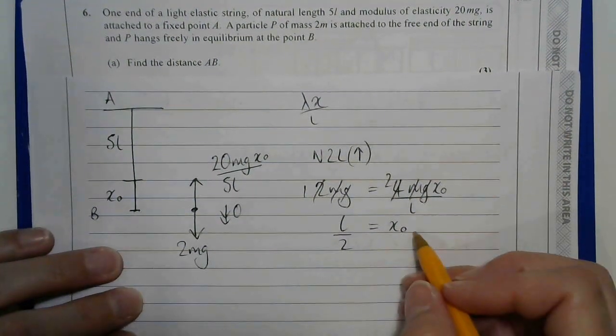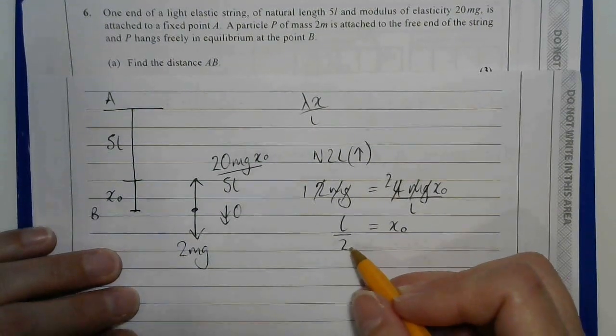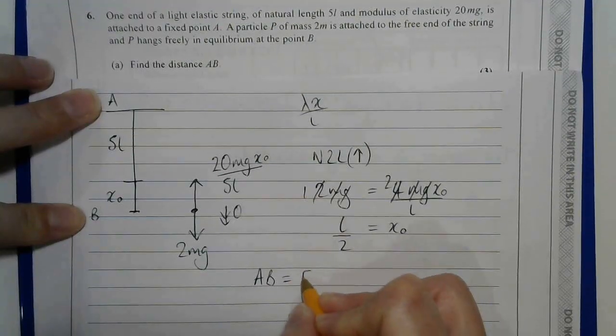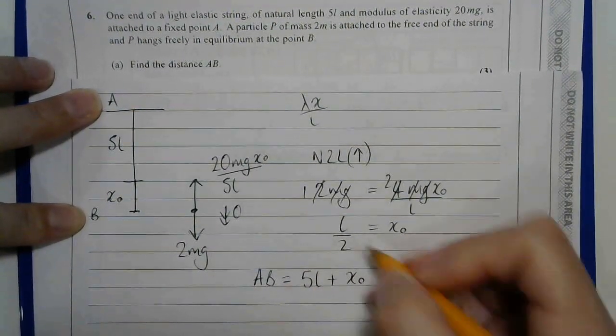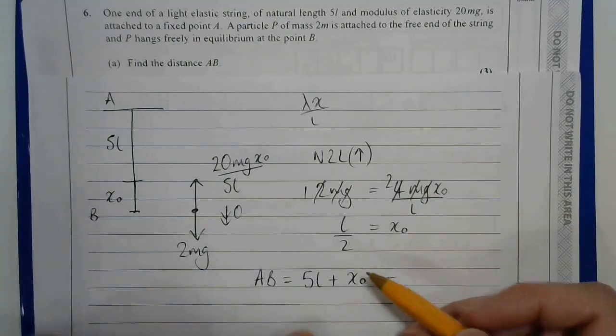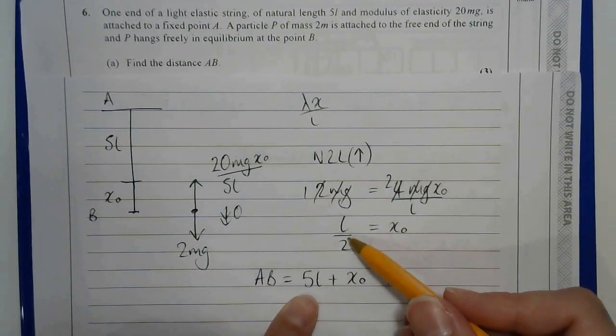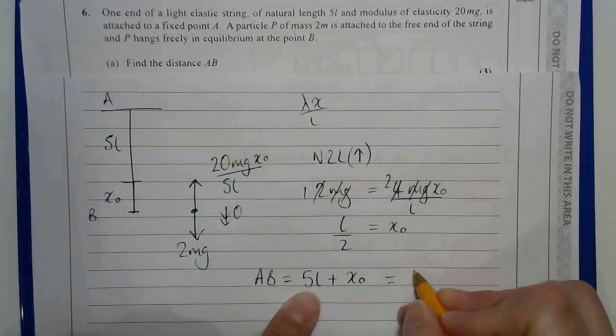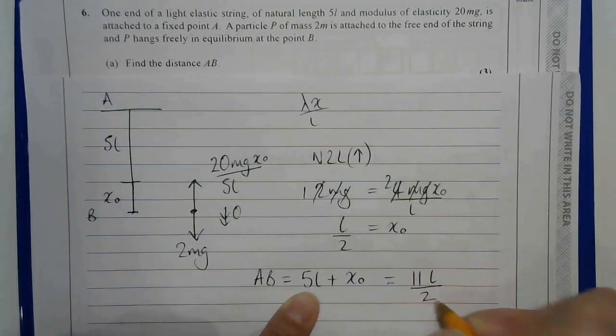So x0 is L over 2. Now they wanted the distance AB, so AB is 5L plus x0. If I do it in halves, 5L is 10 halves, plus 1 half is 11 halves L.